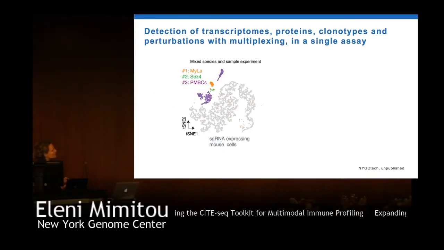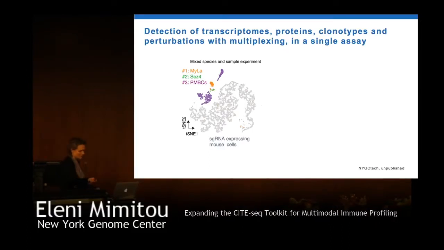Because of the different gene expression profiles in the cells, they separate very well, also based on transcriptome, but it was very reassuring to see that the hashing information agrees completely with that separation. And of course that the mouse cells were largely negative.